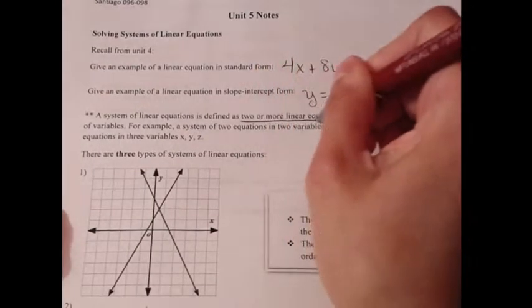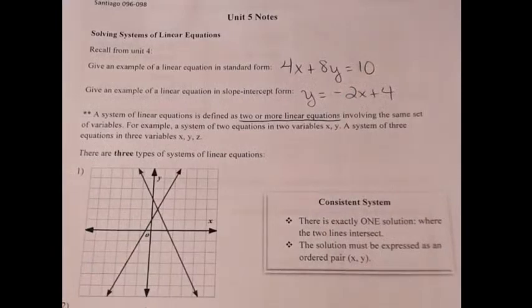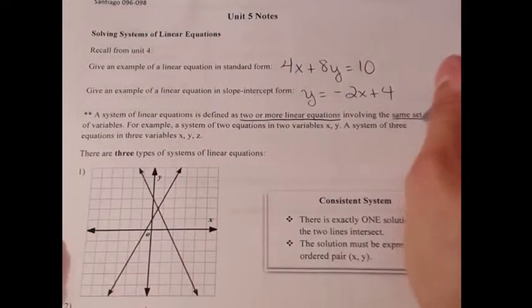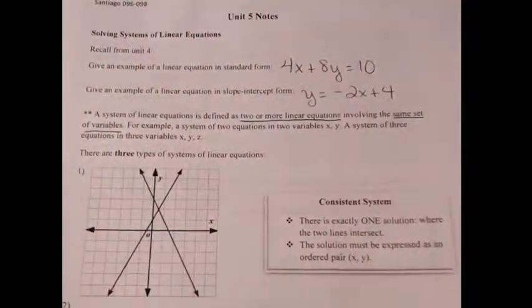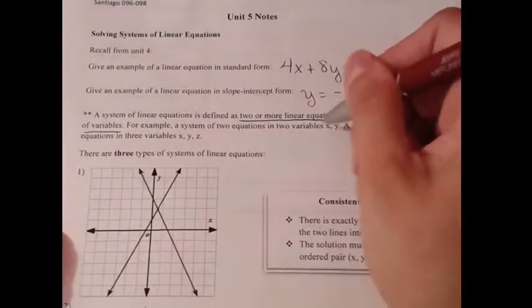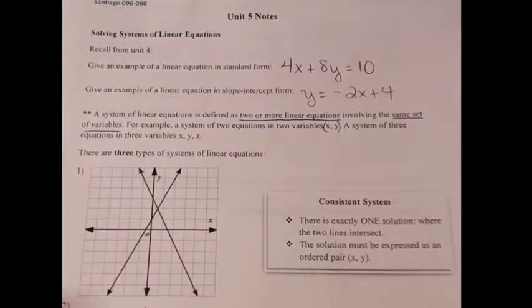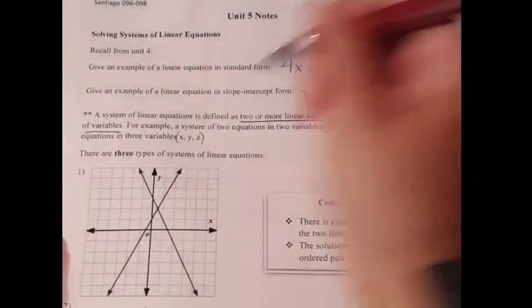A system of linear equations is defined as two or more linear equations involving the same set of variables. For example, a system of two equations in two variables would be x, y. A system of three equations in three variables would be x, y, z.